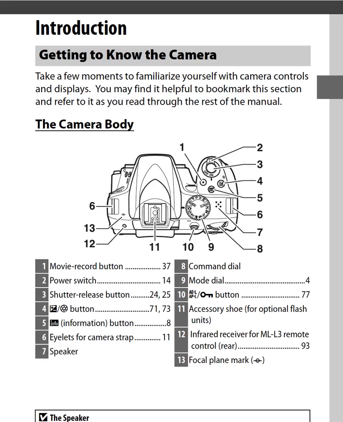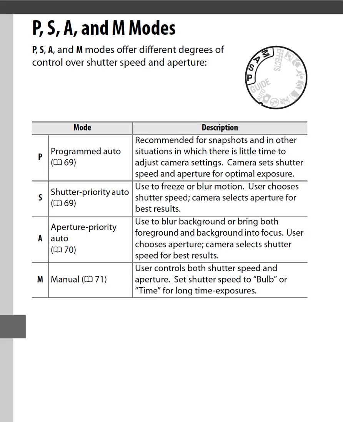There are a lot of different kinds of information on that dial, but we're just going to focus on a couple. Here's a little bit clearer picture of that mode dial. We are only going to concern ourselves with these four, and today really with just three of them. The P stands for Programmed Auto, the S stands for Shutter Priority Auto, and the A stands for Aperture Priority Auto.